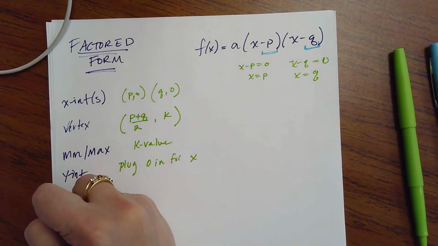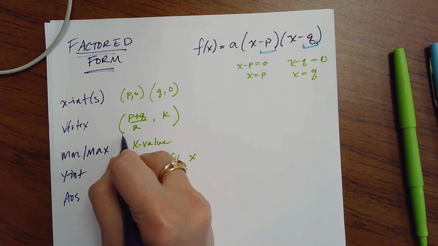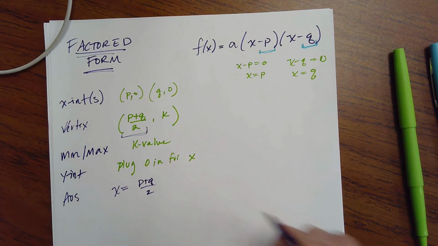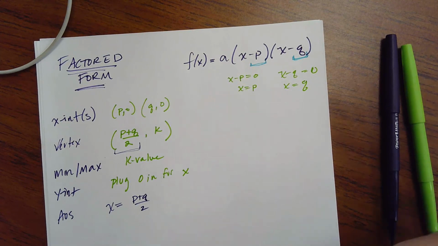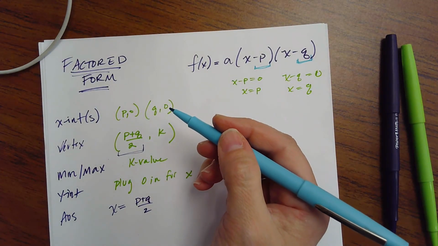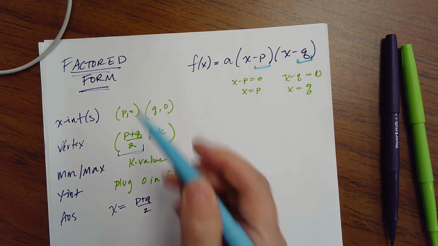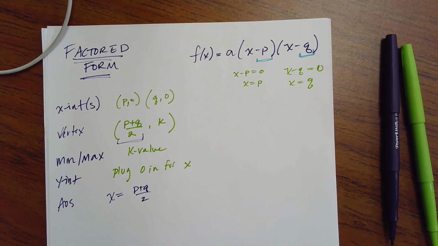Axis of symmetry is just x equals the x value of your vertex. Since the x value of my vertex is this little equation here, that's what I'm going to write. The only thing I want to add here is once you know the x value of your vertex, all you're going to do to get the y value is plug that x value into your equation and solve for y.